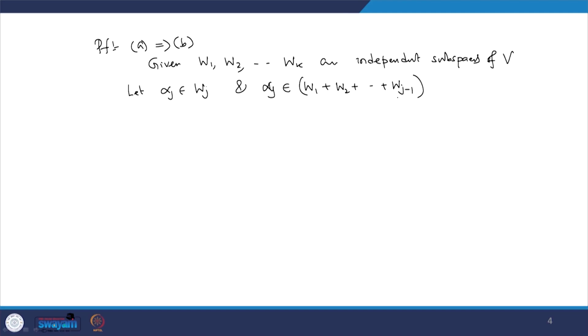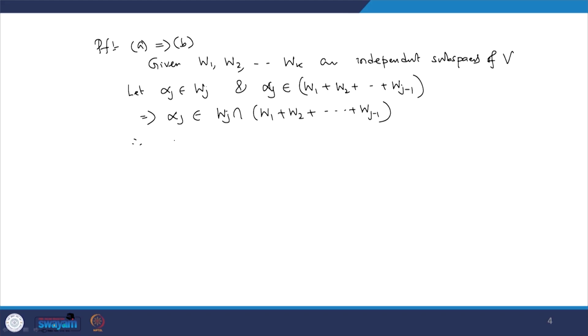I have to prove that alpha j equals the 0 element. Alpha j belongs to this one and alpha j belongs to that one, so alpha j belongs to Wj intersection W1 plus W2 plus Wj minus 1.